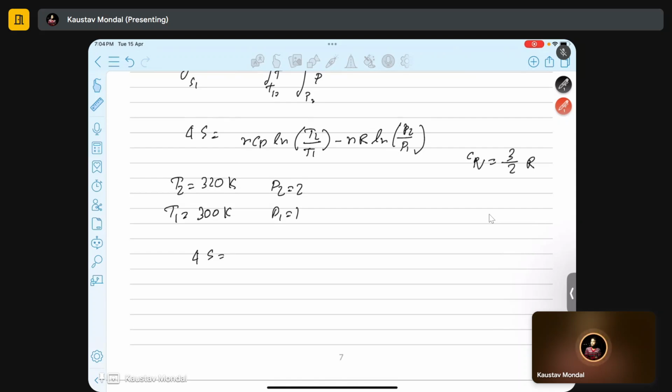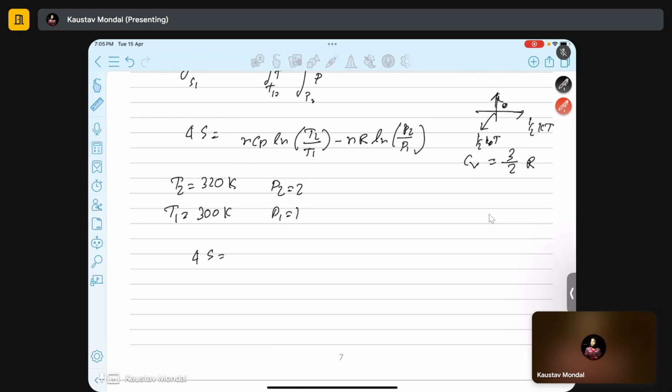This 3 by 2 comes because there are 3 degrees of freedom, right? For a monoatomic gas in 3D, it can move in 3 different directions. For each direction there is half kBT.